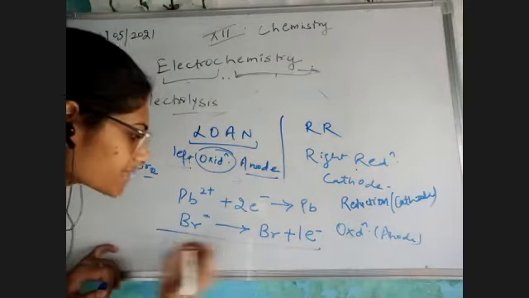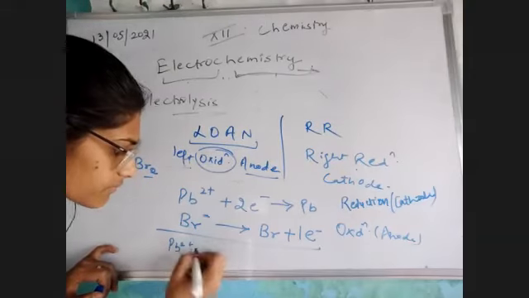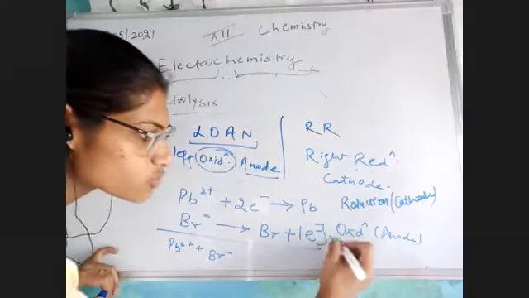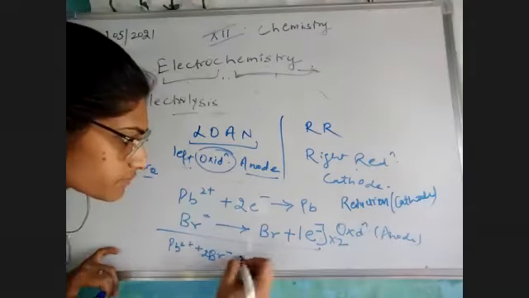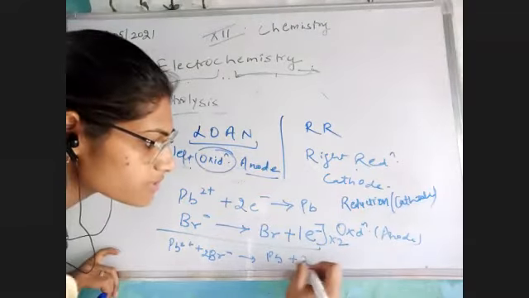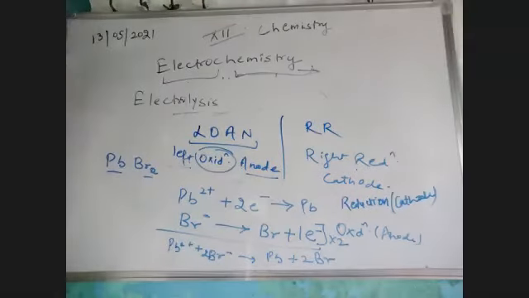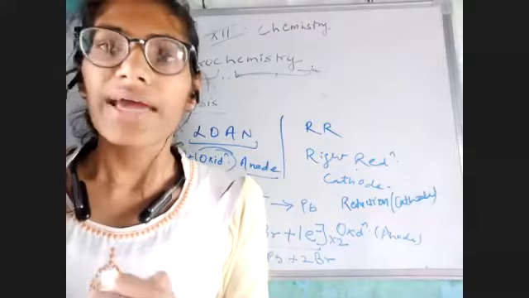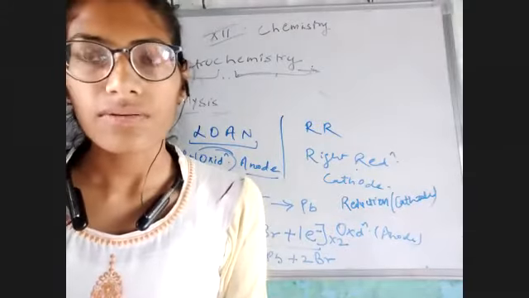Then we combine them, but to make them equal, I'm going to multiply this by 2, and we get lead plus 2 bromine. Okay, so this is the complete process of how electrolysis takes place.